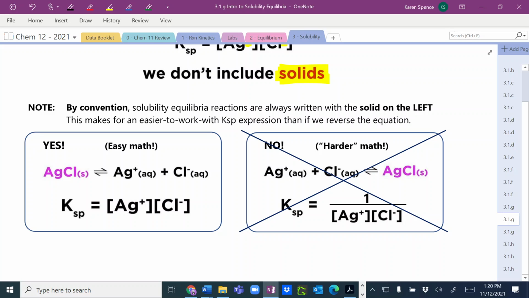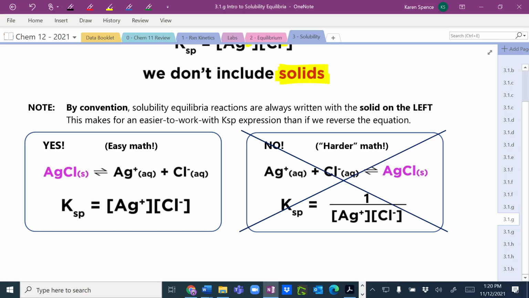So if we have the one on the left here, you can see KSP is just equal to the ion times the ion. So if you're doing math around that, you're just multiplying. Pretty straightforward. Whereas if you put the solid on the right, now we don't have anything in the product, so we have to put a 1 on top, and then we've got our ion products in the basement.